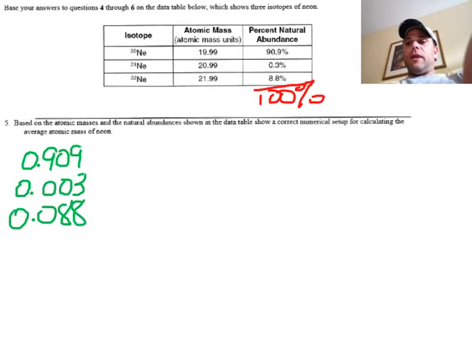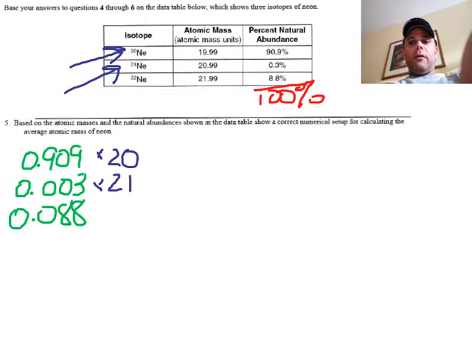The thing to do next is the following. You must multiply the decimal equivalent by the mass shown here. So 0.909 times 20, the 0.003 times 21, and the 0.088 times 22.